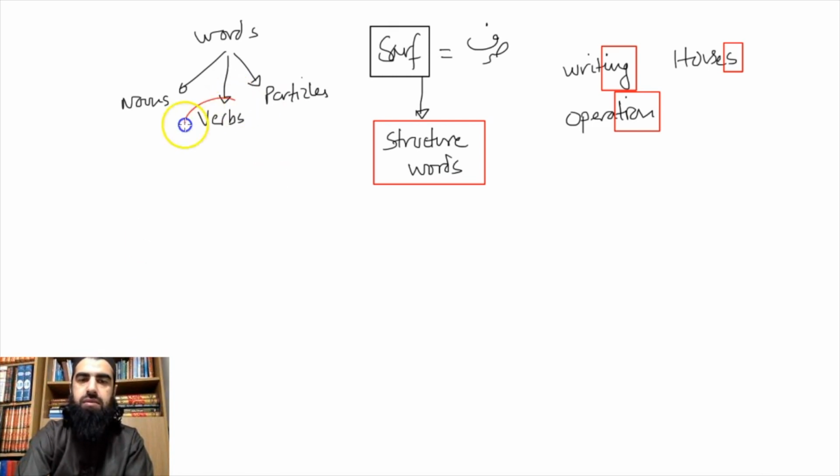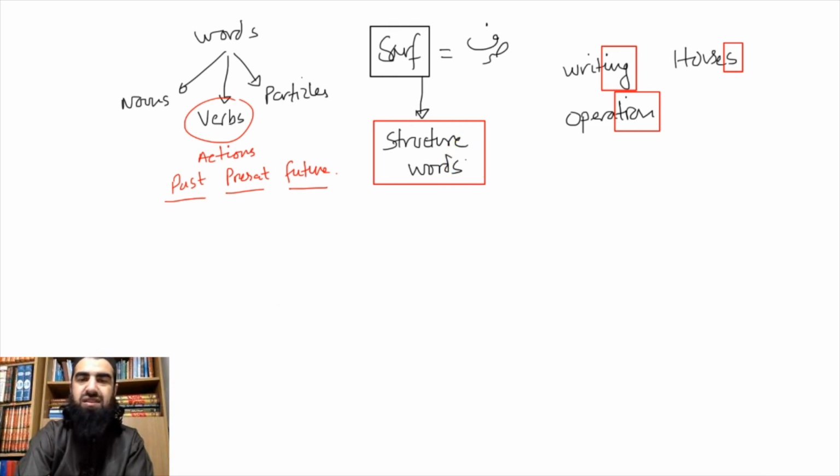Verbs are words which have meanings but are to do with a particular time. So they occurred either in the past, or they're occurring now, or they'll occur in the future. So it's basically actions that are being mentioned to a person. Past, present, future, whichever time zone they occur in, they are called verbs. Particles, on the other hand, are those words which are not nouns and not verbs.